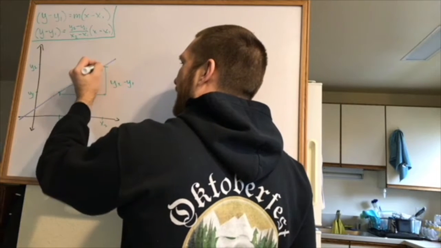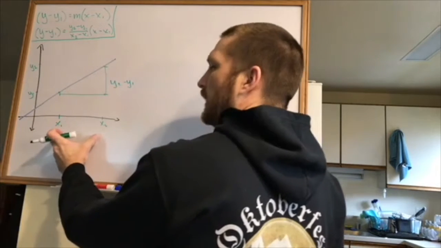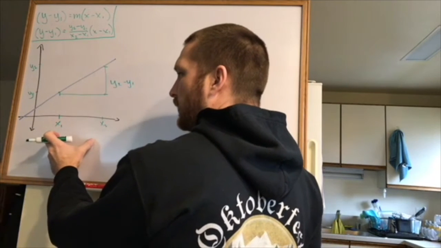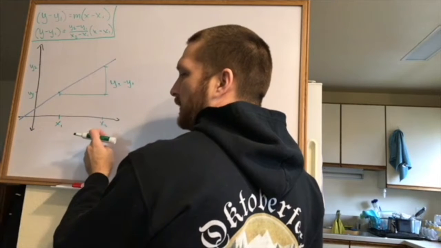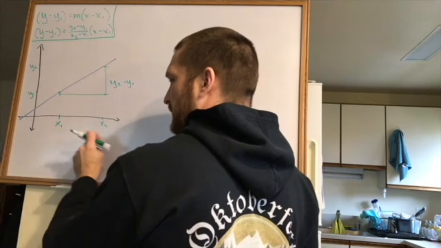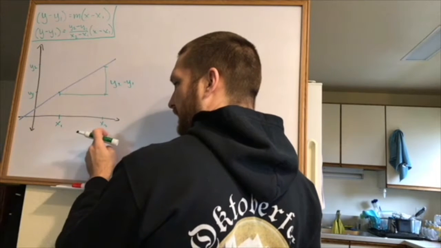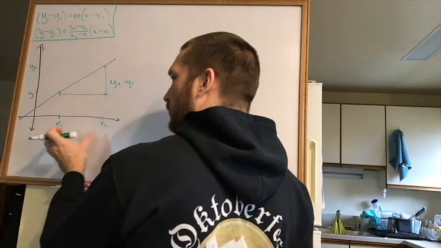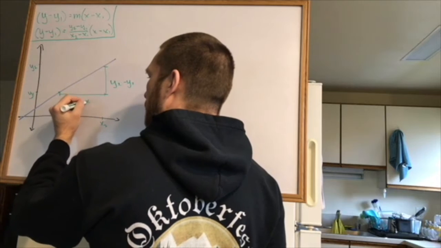That is that height, that distance. The run, similarly, could be, say, 3 and 5. The distance between those two is 5 minus 3, a total of 2, but in symbols here, x2 minus x1.